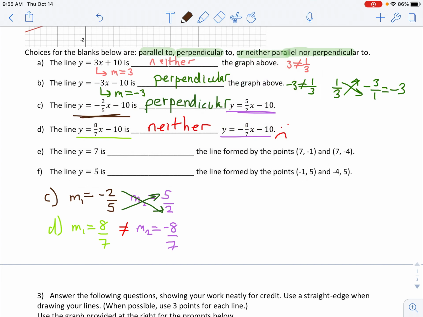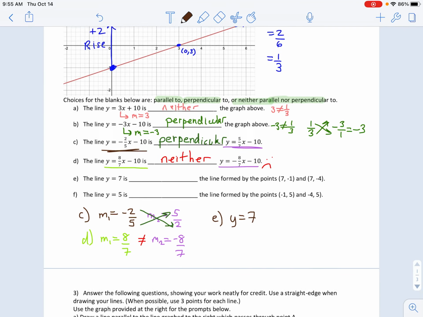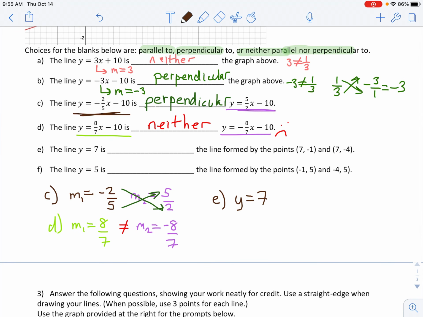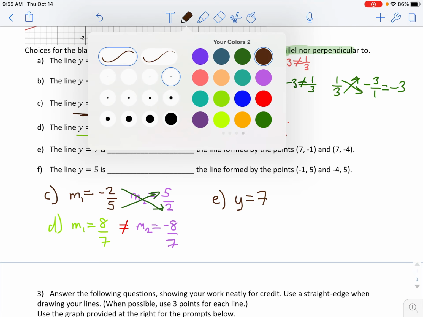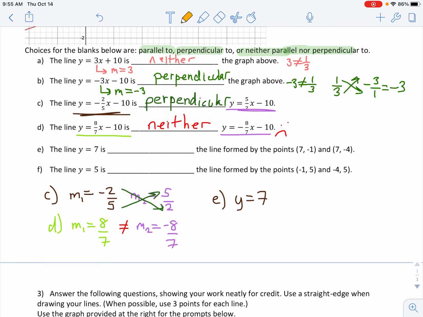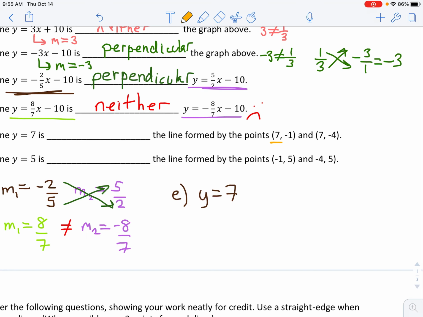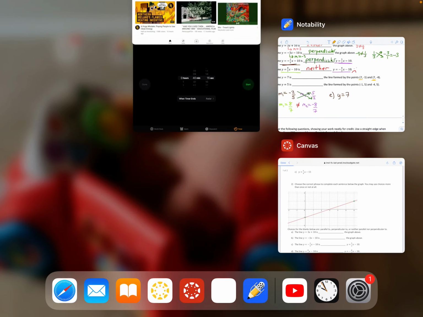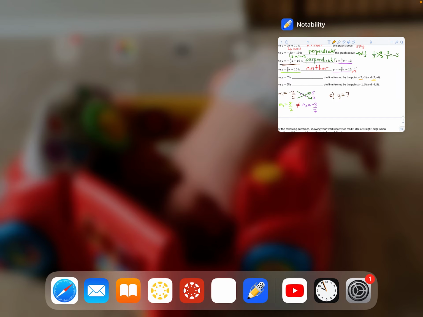All right, so y equals 7. This is for E. That's a horizontal line. We know that. But looking at this, we can always use our good friend Desmos to help us out.